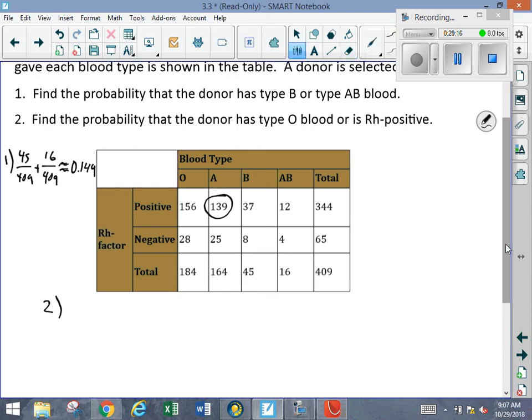Oh, I circled the A guys, my bad. These guys are type O and Rh positive. So we've got to exclude those because we're not interested in the ones that are both type O and Rh positive. We want only type O or Rh positive, right? So those guys do not count. How about the people that are type O? We've got 184 of those, right?